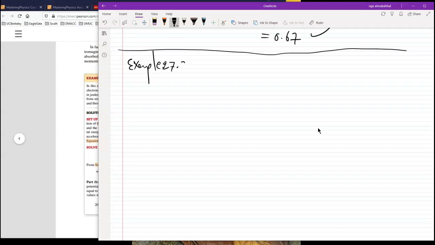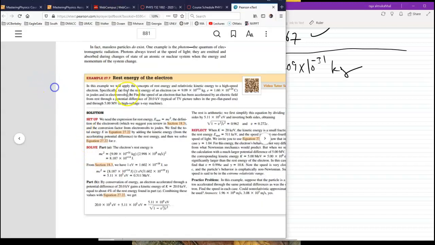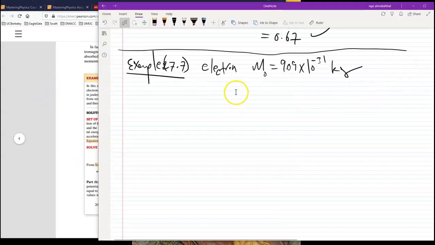Example 27.7. The first part, he's talking about an electron of rest mass 9.09 times 10 to the negative 31 kilogram, correct? And the charge, basically the fundamental charge, is E equals 1.602 times 10 to the negative 19 coulomb.